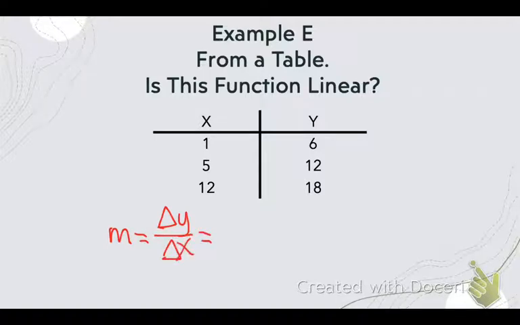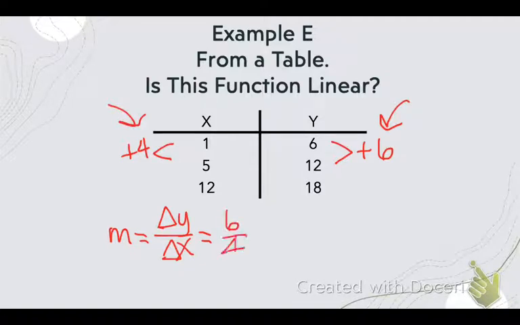So if I look at my y values, if I go from 6 to 12, I'm adding 6 to 6 to get to 12. And from 1 to 5 on my x's, I'm adding 4. So 1 plus 4 gives me 5. Now I can put those changes, my red numbers, in my slope ratio. So 6 over 4. And I can simplify that down to 3 over 2.